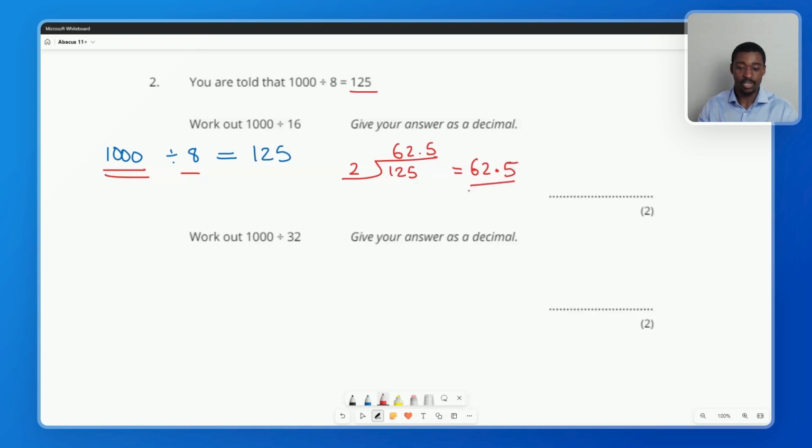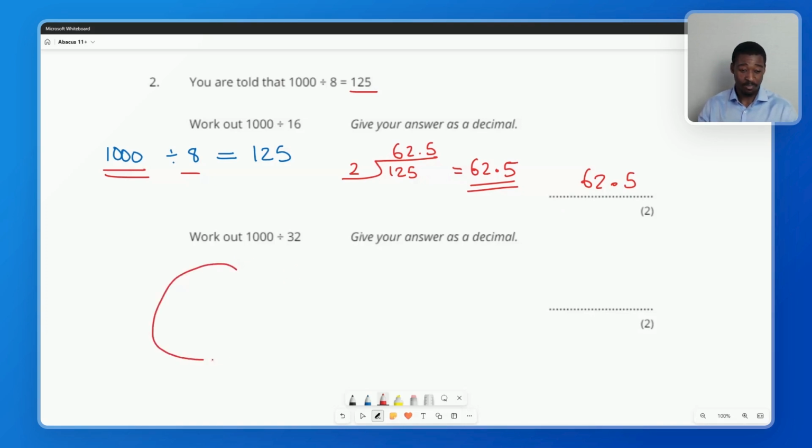It makes sense, right? If we have a pizza and we cut it into more sections, then each person, each mouth there is to feed, gets less pizza. So 62.5 is our answer. That's how we think about this. And then same thing for 1,000 divided by 32.